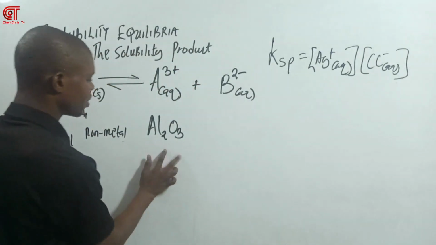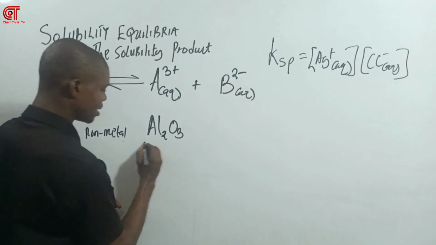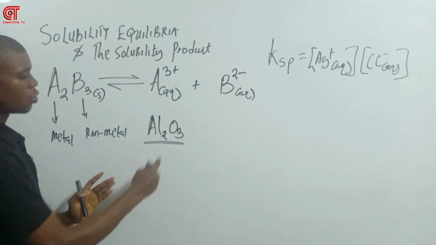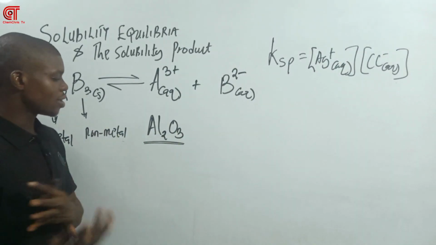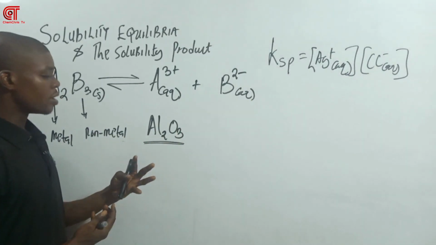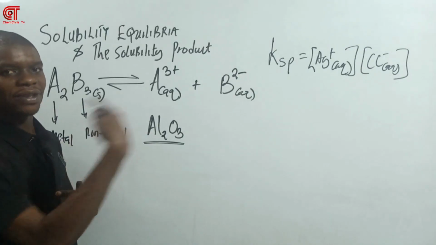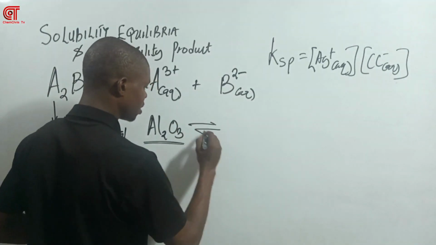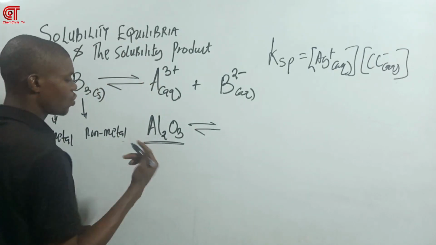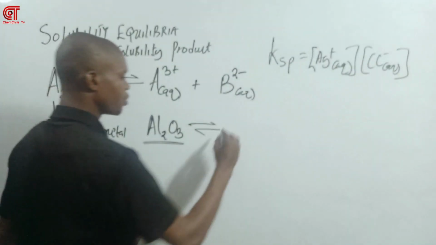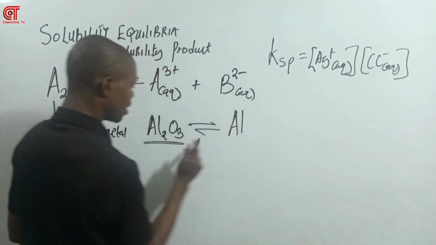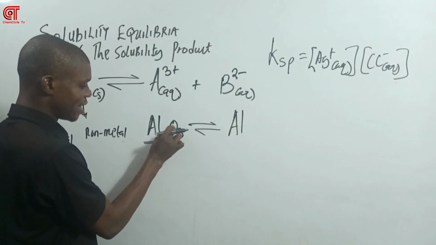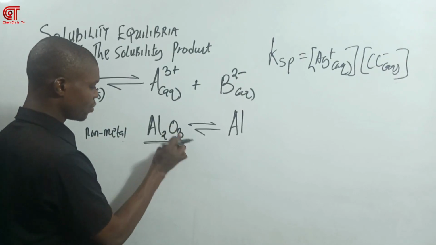So we have something like this. Now, maybe you are being told to write the ionic equation for Al2O3, and you don't actually understand the electrons that they have given out and taken. What you want to put in mind here is that the first element is always the metal, which is going to be a positive charge. Now, the initial charge is the one that the other element is carrying, which is 3.